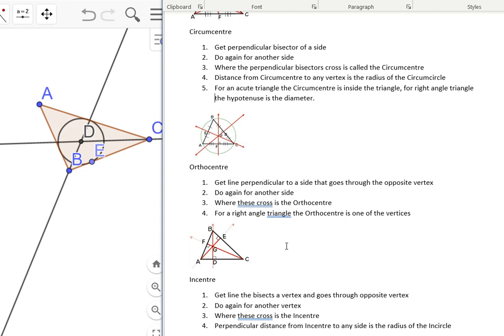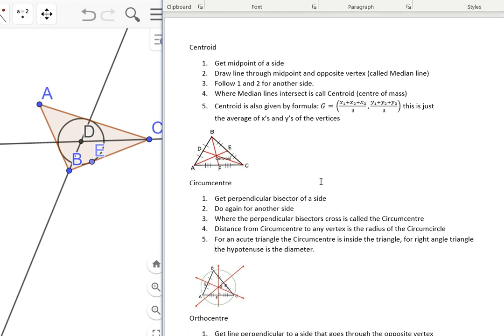Because to construct it, you'd be getting the midpoint, you'd be getting the perpendicular line to one of our sides. We'd be doing that twice and seeing where they intersected. And you do identical steps when you are doing it algebraically. So if we can visualize how we construct these things, it tells us the steps we need to do in order to figure out how to do them algebraically. So that's what we need for now.